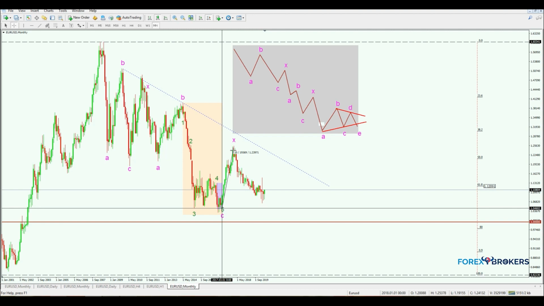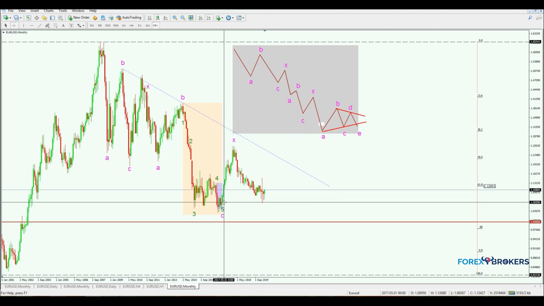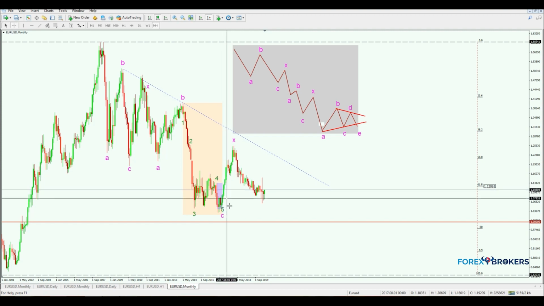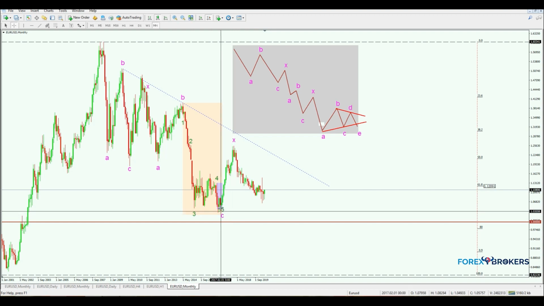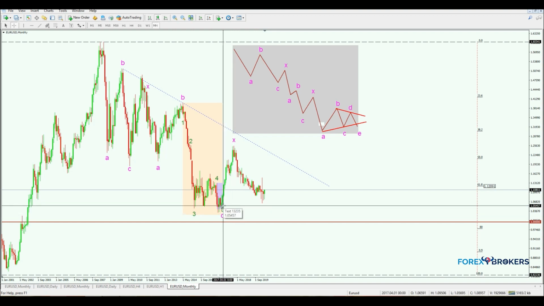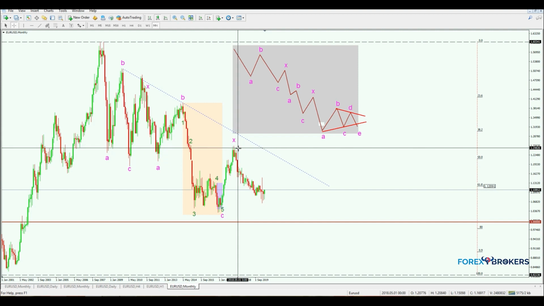What can it be? It cannot be an impulsive wave because all X waves are corrective. Judging by the fact that there is no retracement more than 61.8, it means that it would be either a zigzag or a double zigzag or a zigzag family pattern. Anyways, the important point here is to identify the exact end. Either it ends at the top or somewhere around here on the lower time frames.